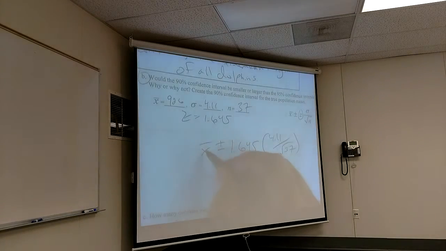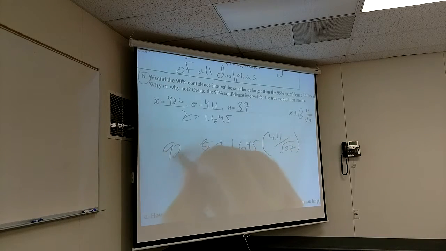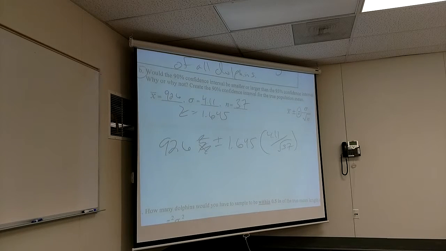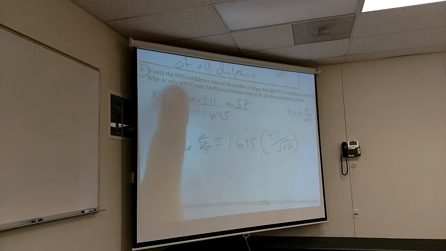Yeah, 92.6. So now I'm just not going out as far from the mean because I don't have to be as confident anymore. I'm only 90%. So 10% of the intervals that people create here would not catch the real mean.